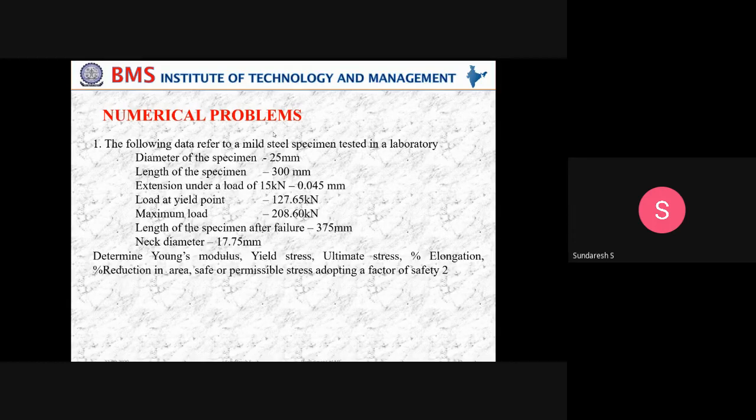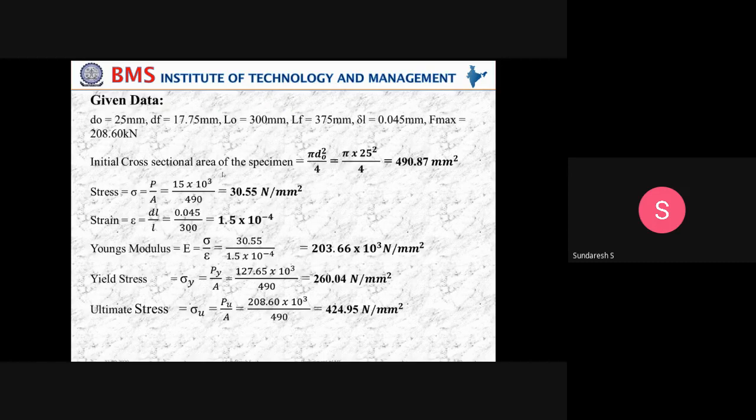The diameter of the specimen is 25 millimeter, and hence we calculate the initial cross-sectional area as pi by 4 into d naught square. So d naught is 25 millimeter, pi by 4 times d naught square is equal to 490.87 millimeter square.